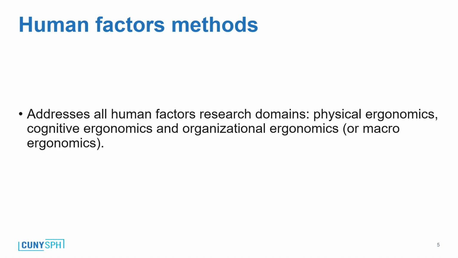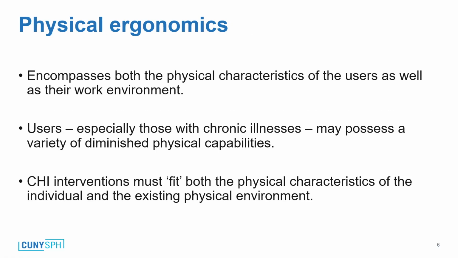Then if we think about the first principle, physical ergonomics, this is related to the different physical characteristics that the user has and that are going to facilitate or get in the way of interacting with the work environment or the outcome. We need to think that users, especially those that are chronically ill, are going to have diminished physical capabilities.